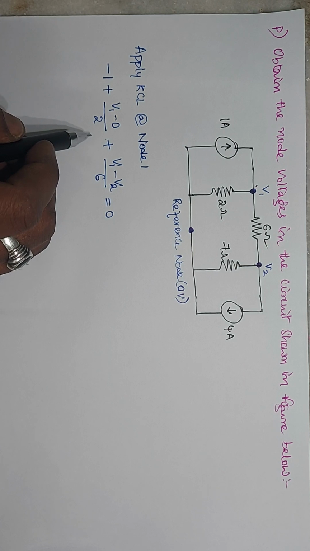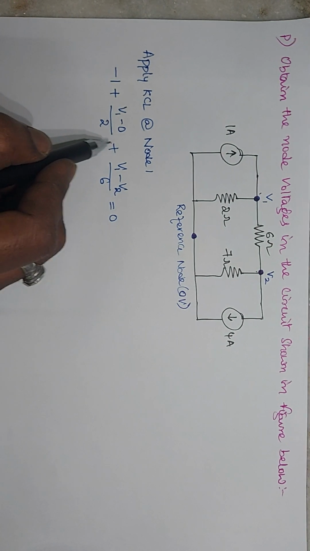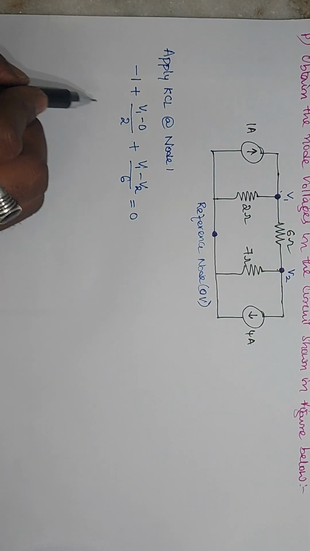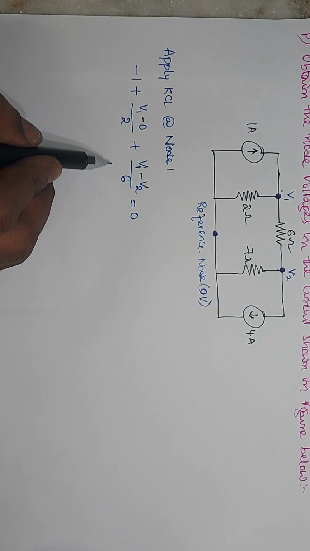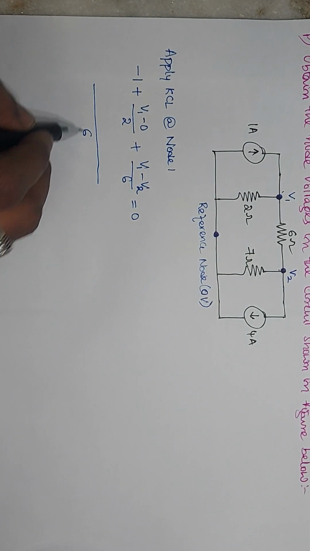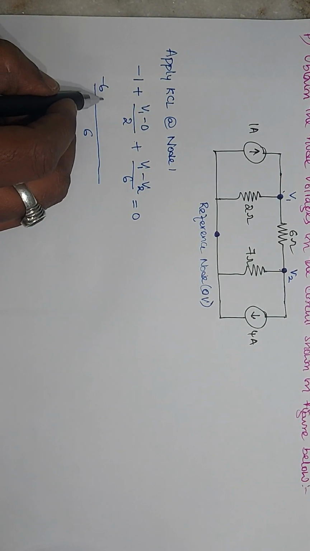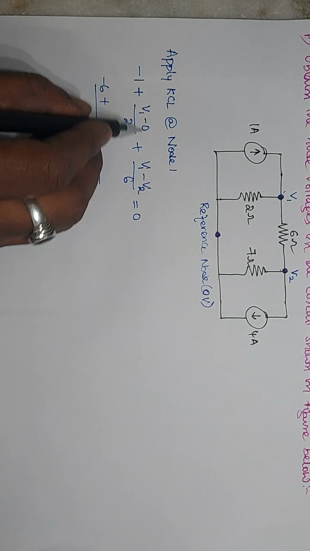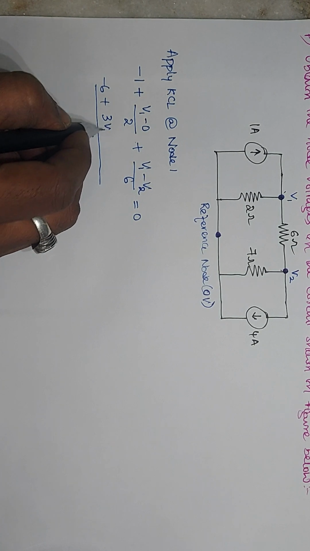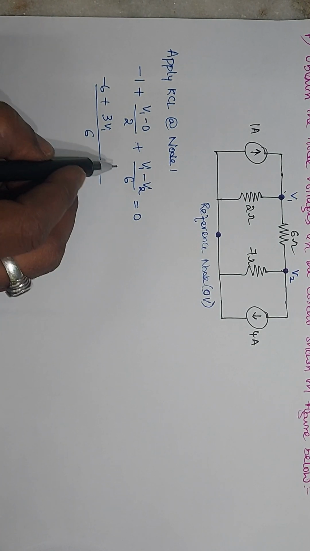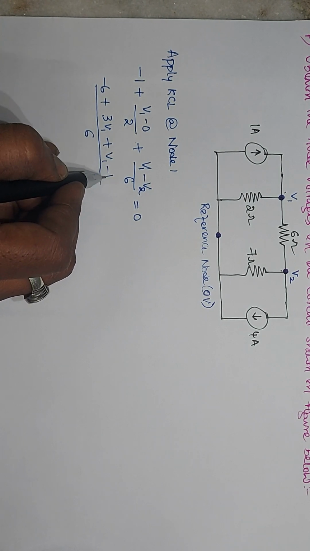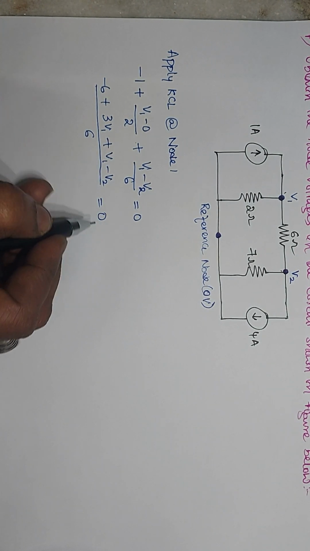Now I will solve and simplify this equation. Here the LCM is 6. So here it is minus 6, and V1 minus 0 is V1, so 3 into V1. The next one is V1 minus V2, which is equal to 0.